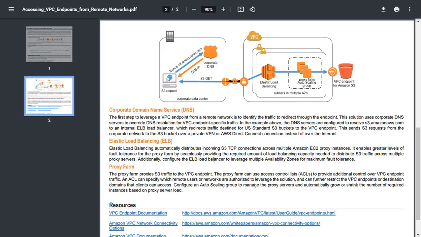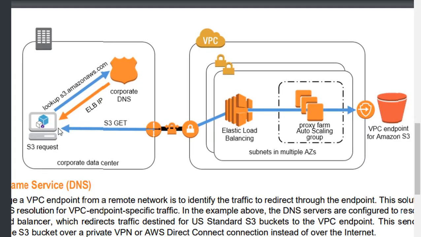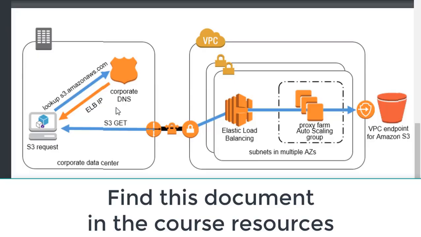And within that corporate data center, I've got systems that are issuing S3 requests. And so as those S3 requests are being initiated, the local corporate DNS is going to be utilized to provide the destination that those requests should be sent to. So we're going to have to do some modification of our corporate DNS here.